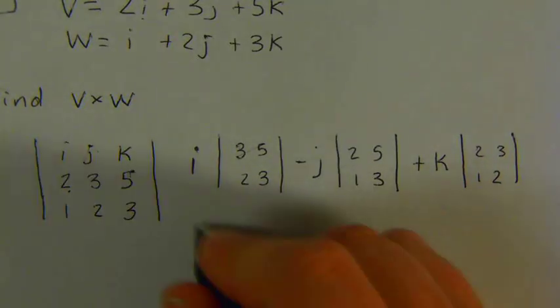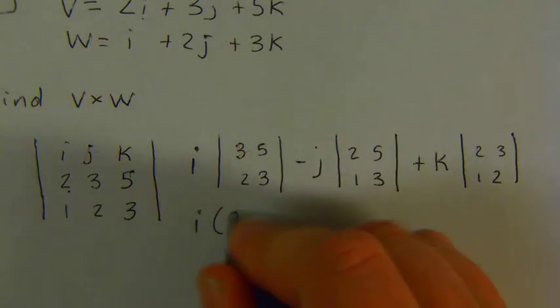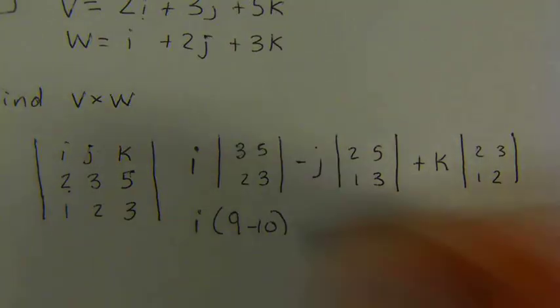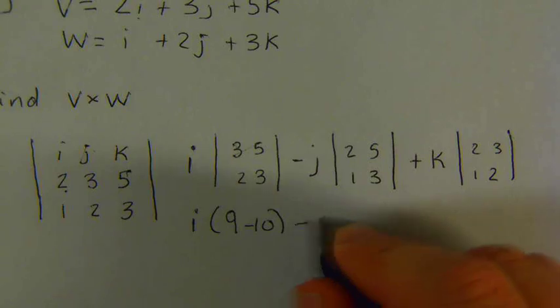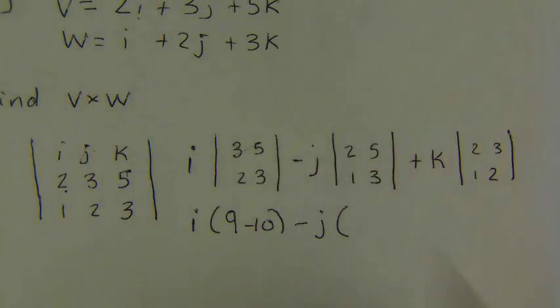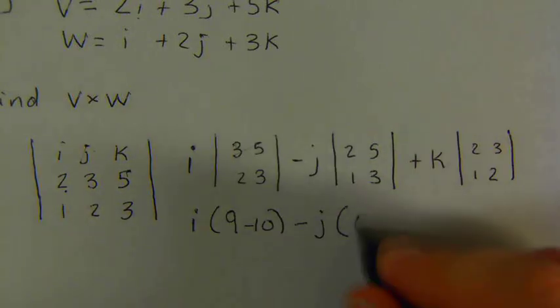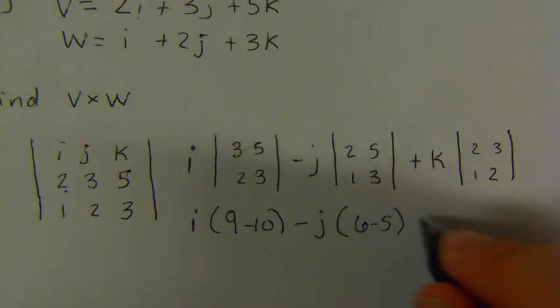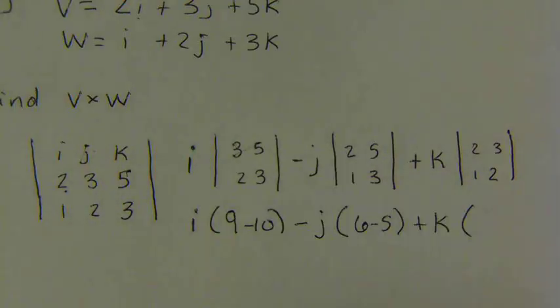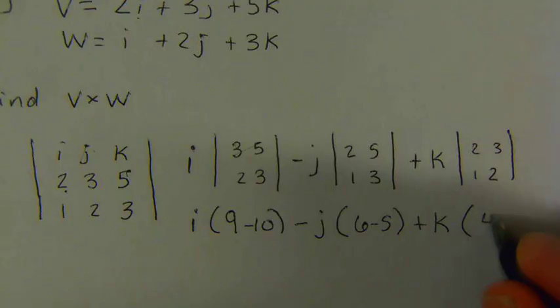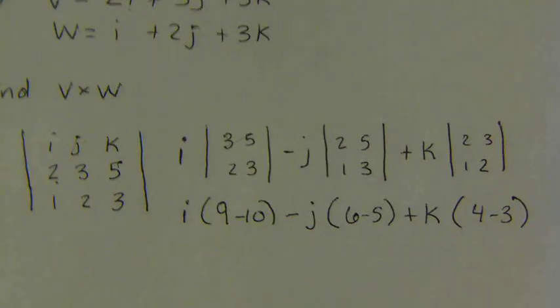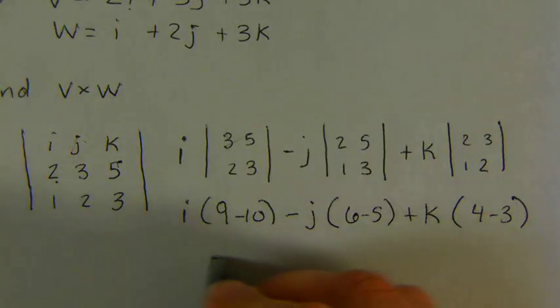Okay, so we've got i times 9 minus 10, minus j, which is multiplied by 6 minus 5, plus k, which is multiplied by 4 minus 3. That means that's negative 1 there, so we've got negative i.